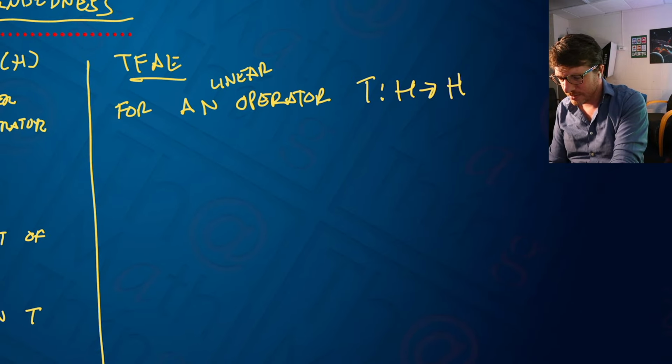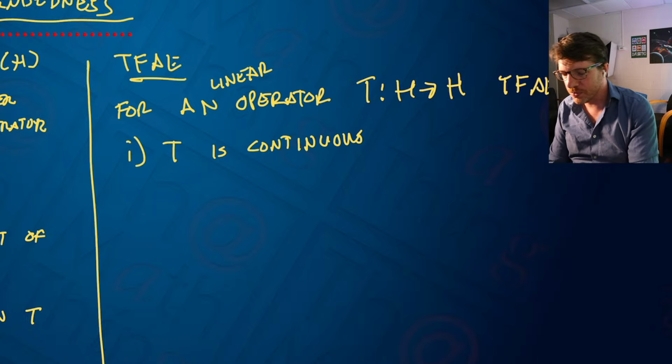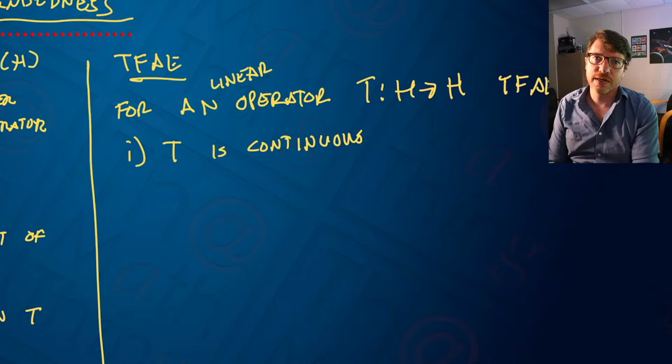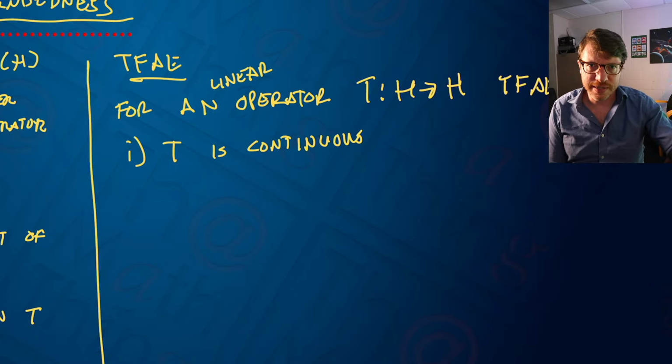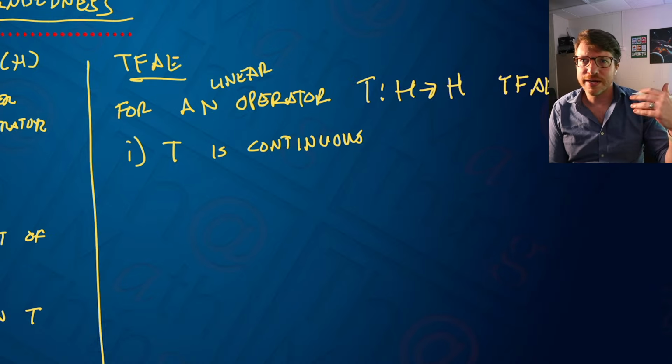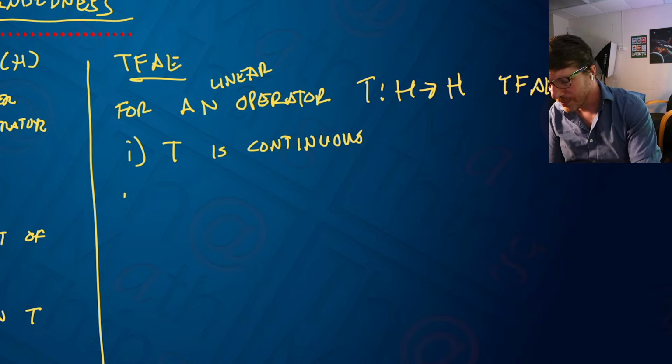One, T is continuous. What I mean by continuous is that the Hilbert space has a norm. That norm gives you a metric, which then gives you a metric space, and continuity with those topologies.